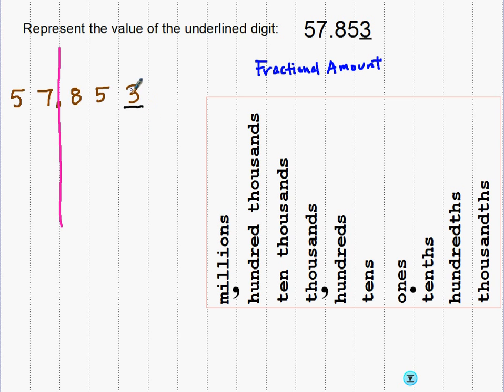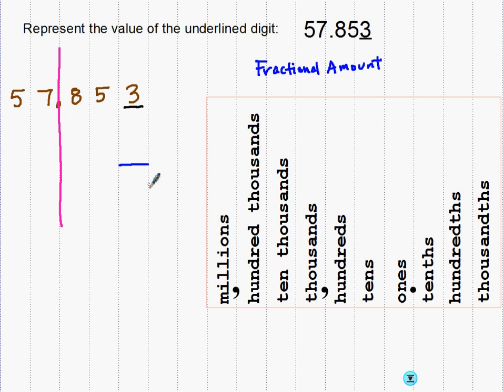To do it as a fractional amount, we have to figure out which place we're in. So let's use our decimal point as a reference. I can see that I am 1, 2, 3 places to the right of my decimal. So looking on my place value chart, let's go 3 places to the right. Tenths, hundredths, thousandths. So I'm in my thousandths place.